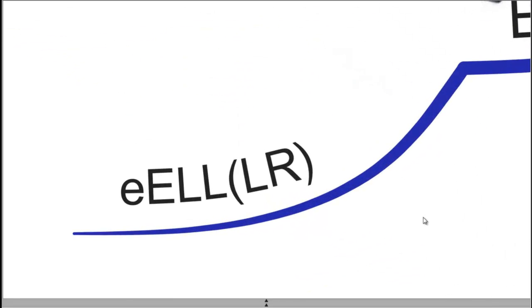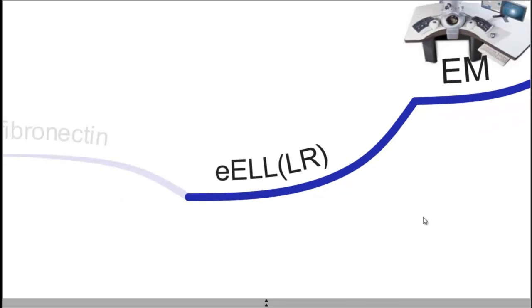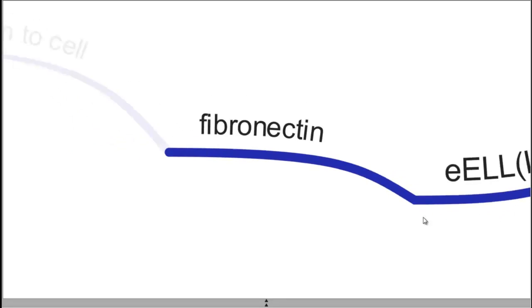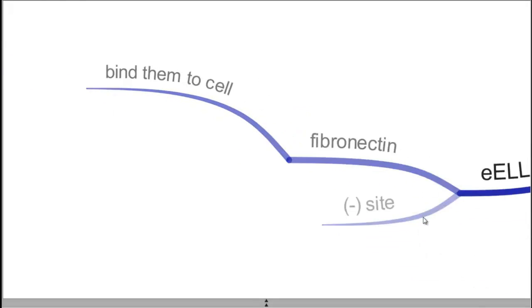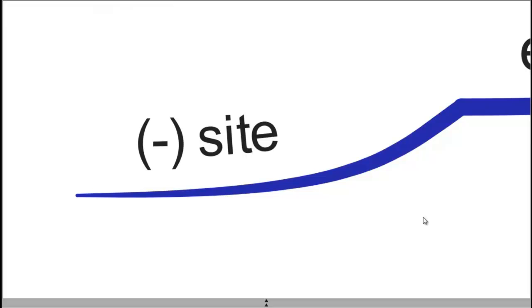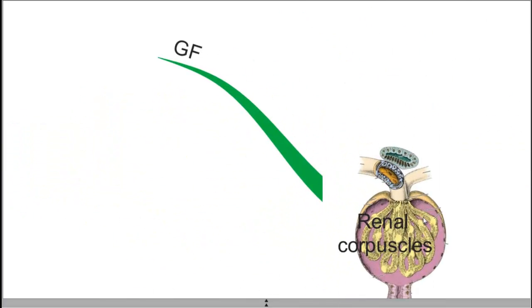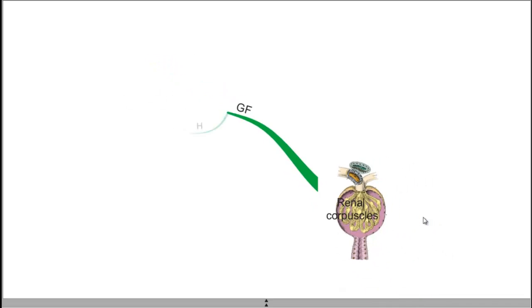Then we talk about the lamina rara, or electron-lucent layer, on its sides. The lamina rara contains fibronectin, which may serve to bind them to the cells, and the anionic sites in the lamina rara act as a charge barrier. The glomerular filtrate is formed in response to hydrostatic pressure.